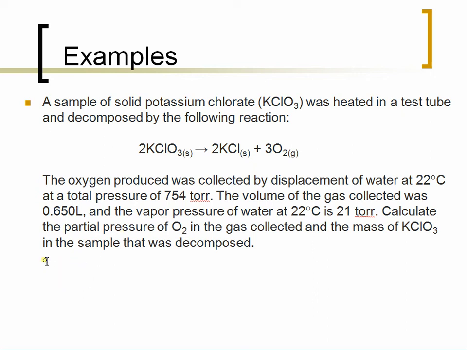Well, the first part of the problem is pretty easy. Since we have the total pressure, which is 754, and the pressure of oxygen, we're just going to use Dalton's law of partial pressure. Plus the vapor pressure of water, which is given as 21 torr. So 754 equals x plus 21.